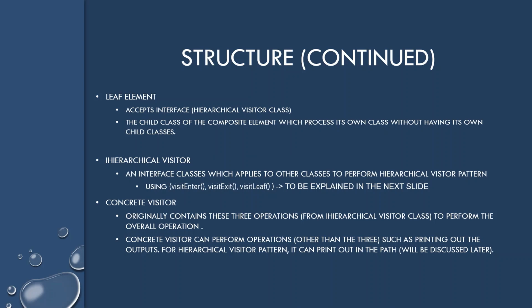Leaf element, known as the child class of the composite element, accepts the interface, otherwise known as the hierarchical visitor class, and processes its own class without having its own child class. In other words, leaf element does not have its own child classes. So once it hits a leaf element, it will run its own operation before returning to the composite element.